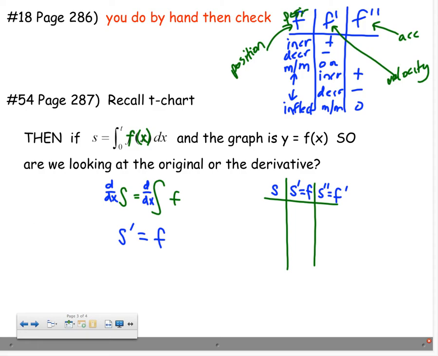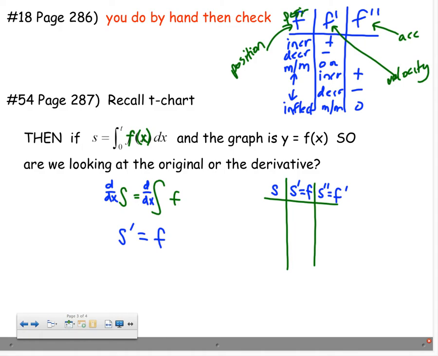Now take a look at problem 54. Right above 54, it says, in this exercise, f is a differentiable function. The position is s. S is the position, and f is the antiderivative of s. If you look down at 54's graph, right above that hump where the graph is, what are we looking at the graph of?